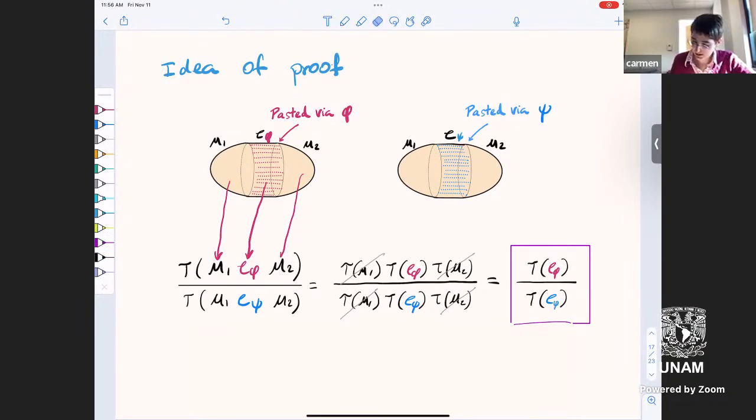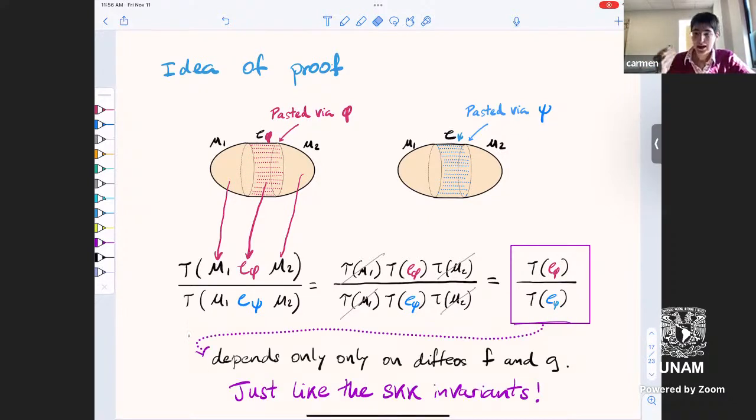Very interestingly, the expression in the purple box is just what is happening on the slightly thickened gluing information, which is the mapping cylinders. So what am I seeing there? I'm seeing an expression that only depends on the diffeomorphisms, sorry, a typo again, on the diffeomorphisms phi and psi.